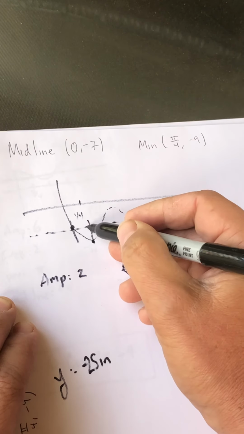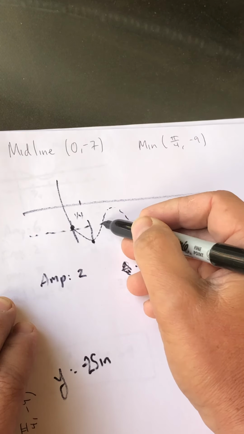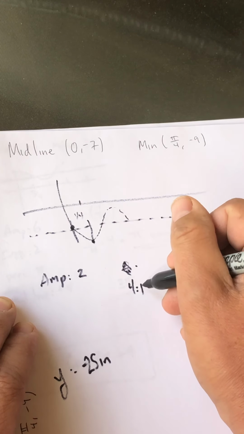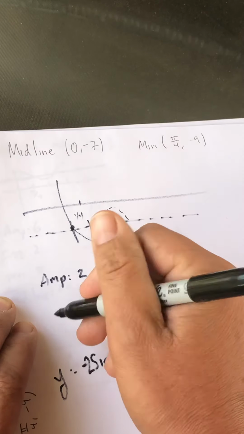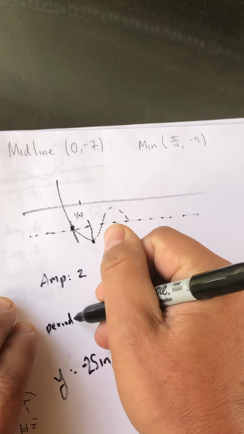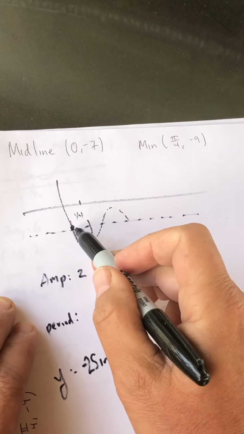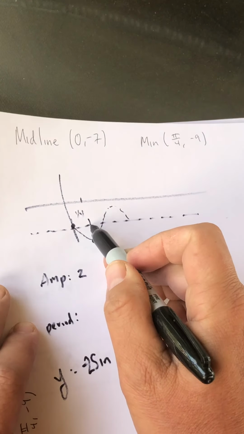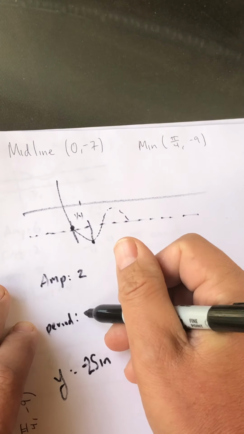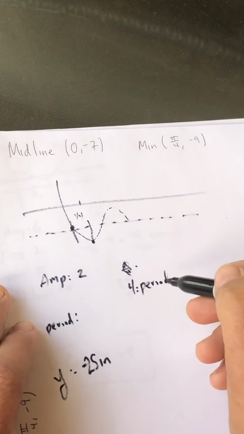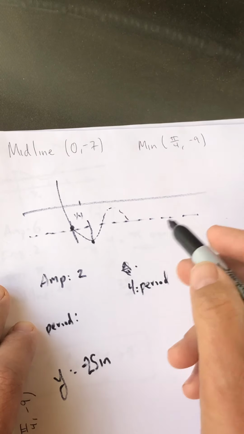We're seeing 1/4. We're going 1 unit, so 2 units, 3 units. We're going to need 4 total units. So that is my period. Right? You take the distance from a midline to a max or a min, whatever that is, times it by 4. That tells you what your period is. So where was that? 4.